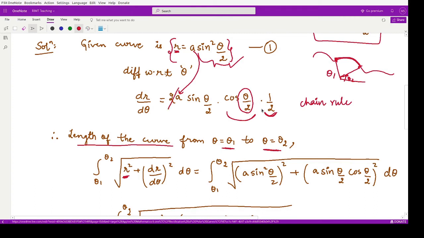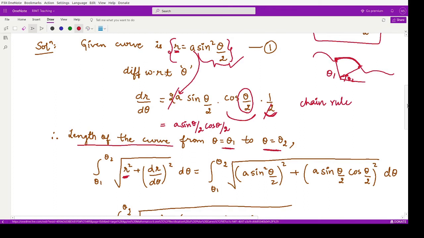The 2 and 2 cancel each other, so we are left with dr by d theta equal to a sine theta by 2 cos theta by 2. So this is the value of dr by d theta.